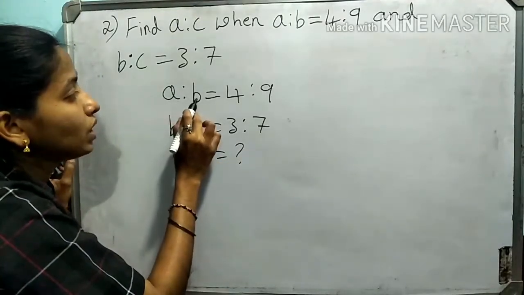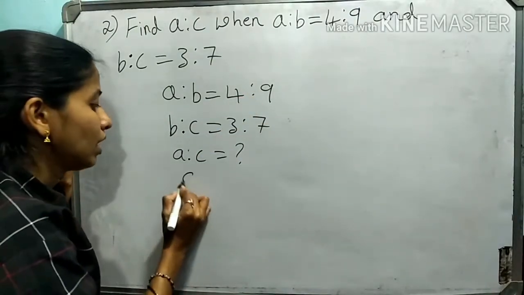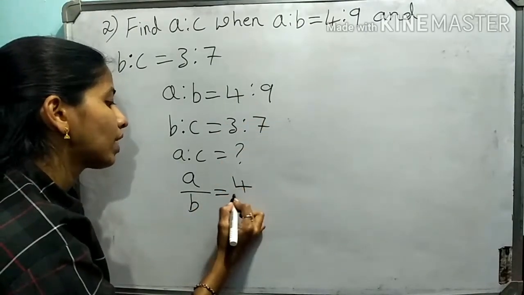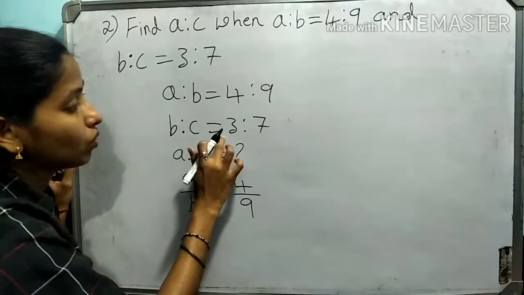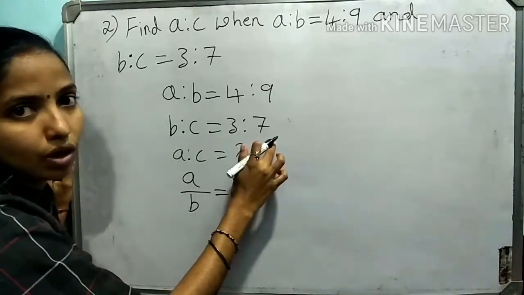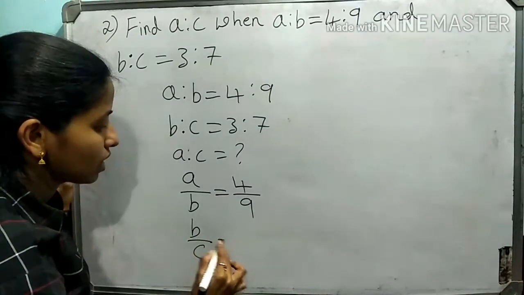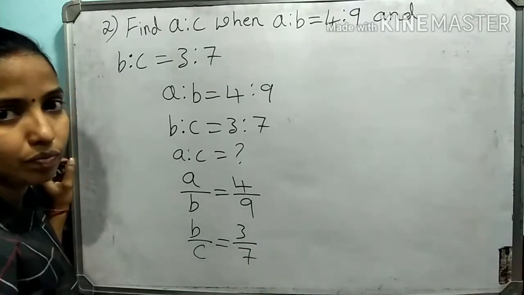So A is to B is equal to 4 is to 9. We can write as A divided by B is equal to 4 divided by 9. And B is to C is equal to 3 is to 7. We can write as B divided by C is equal to 3 by 7.